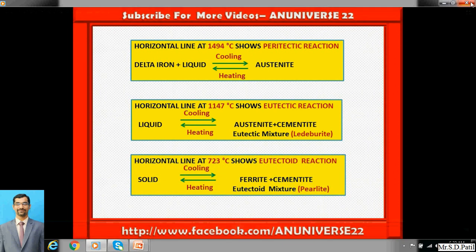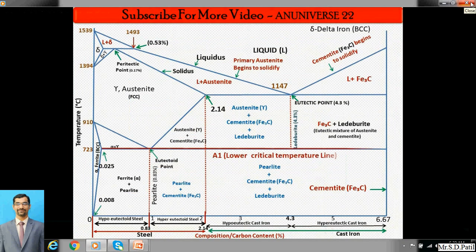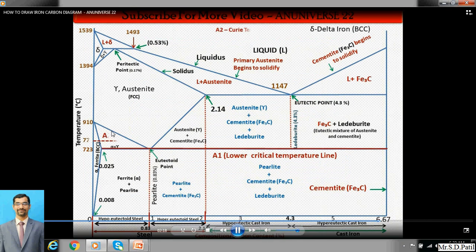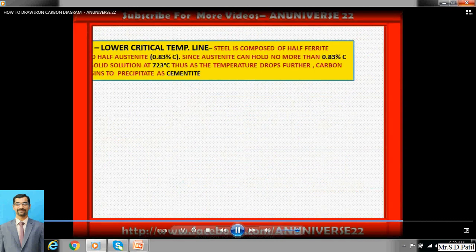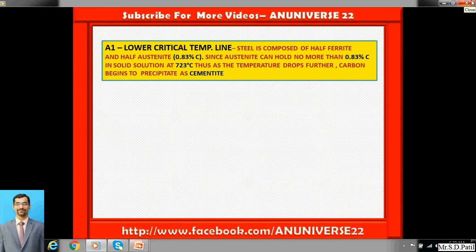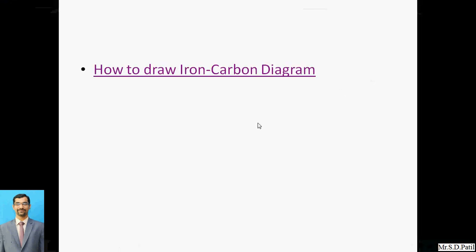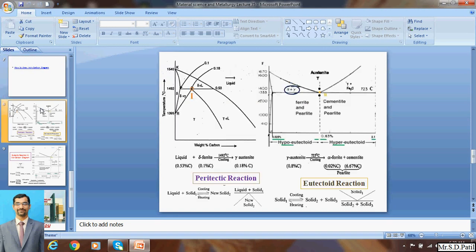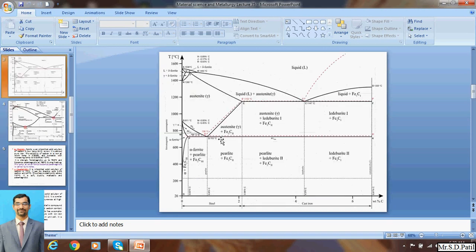So we have seen how to draw it. Now we will come to that particular diagram. In these stages, this will be alpha. When we divide this diagram, we get different kinds of phases.